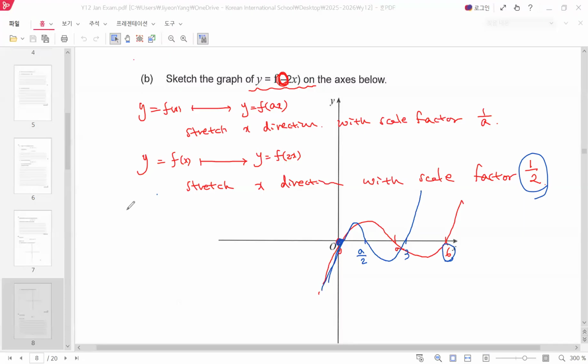Then you need to convert y equals f(2x) to y equals f(minus 2x). So 2x is changed to minus 2x. It means that only x has been changed, right?